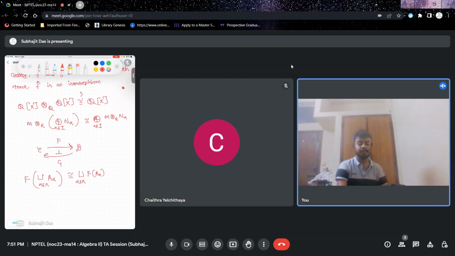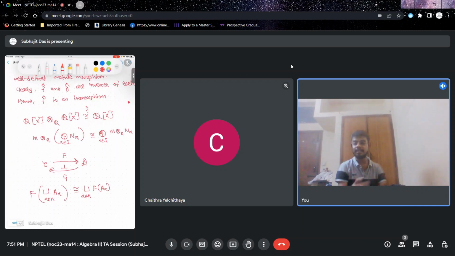And coproducts in the category of modules is just direct sum. Okay, and do you know that taking tensor product with a module is a left adjoint functor? Tensor-Hom adjunction, are you aware of it?